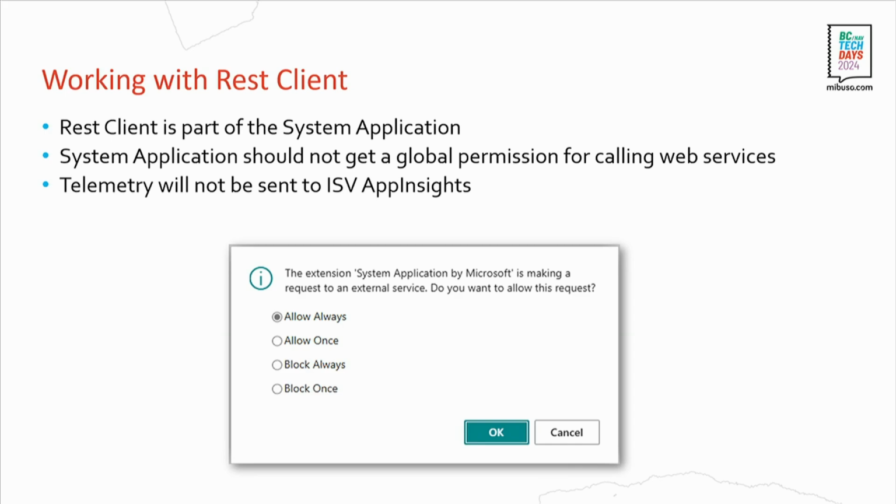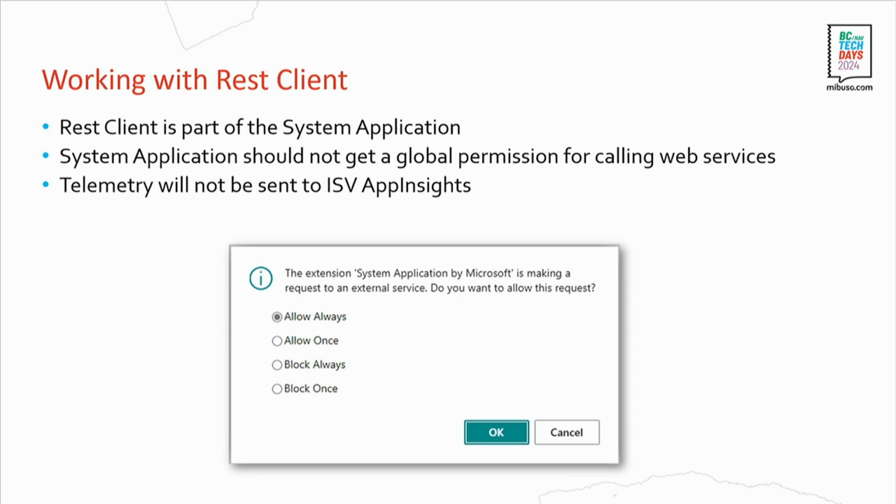Imagine you have multiple apps making use of the REST client, and app number 1 is making an external request, and you say, yes, system application may make that request. Then app number 2 comes in, but because the system application where the REST client is in has already the permission to make external requests, app number 2 is allowed automatically.